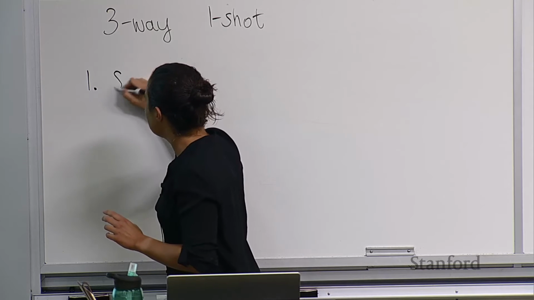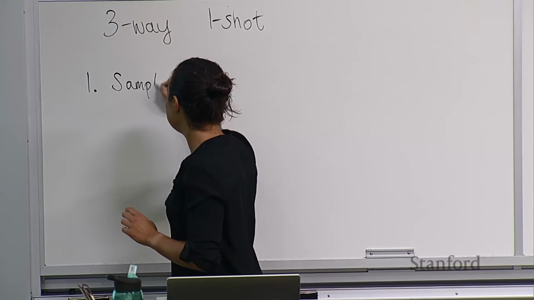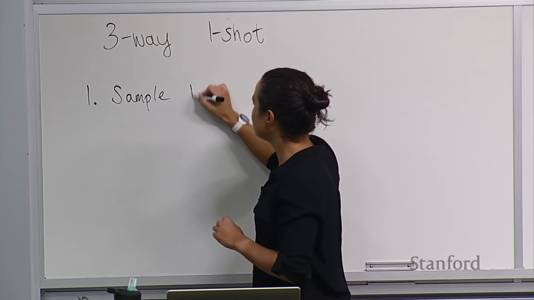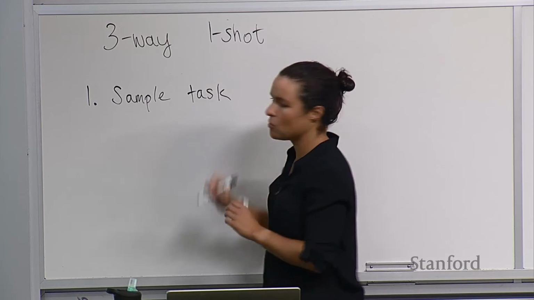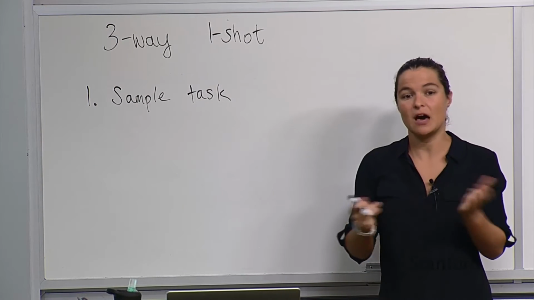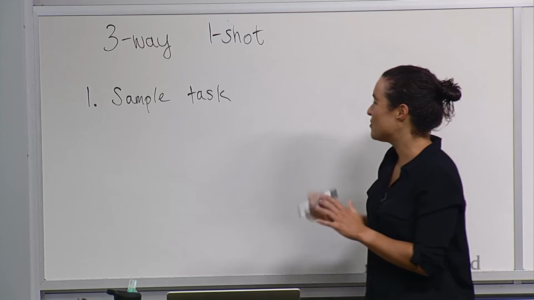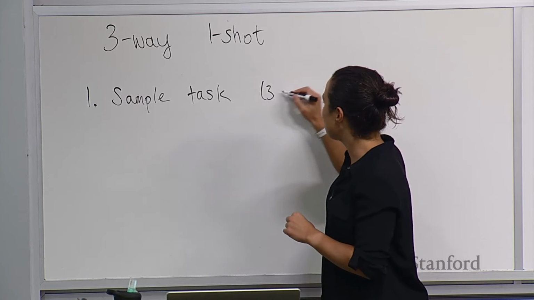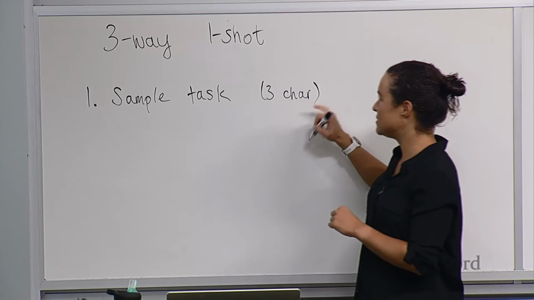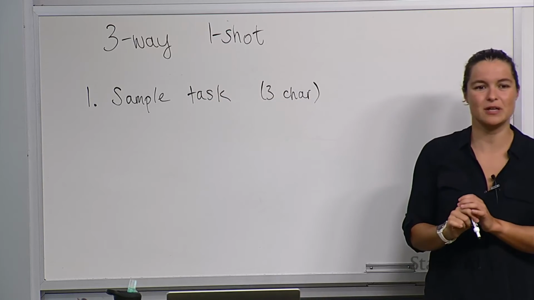So the first thing to do during meta-training is to sample a task. This will correspond to sampling an alphabet, and specifically sampling 3 characters from that alphabet. The reason why it's 3 is because we're just going to be considering a 3-way classification problem.